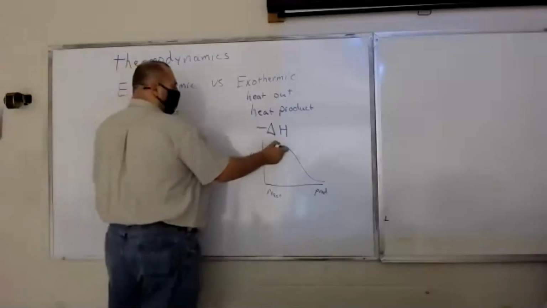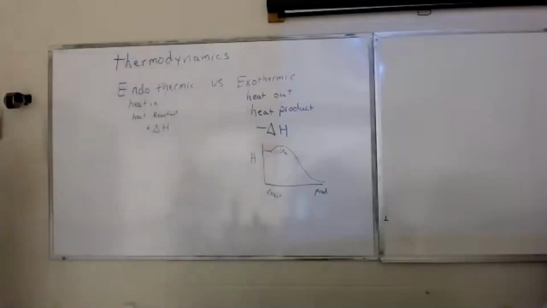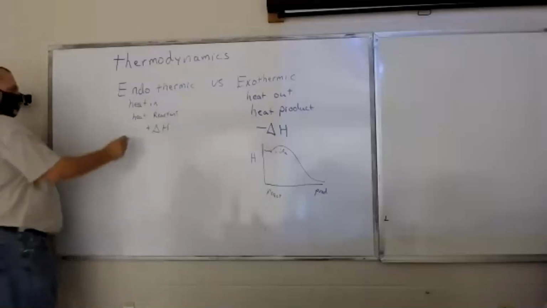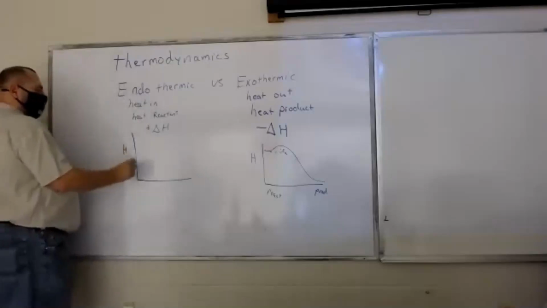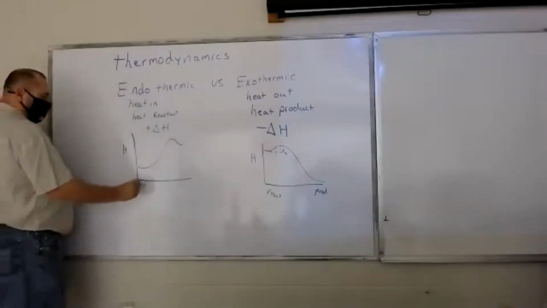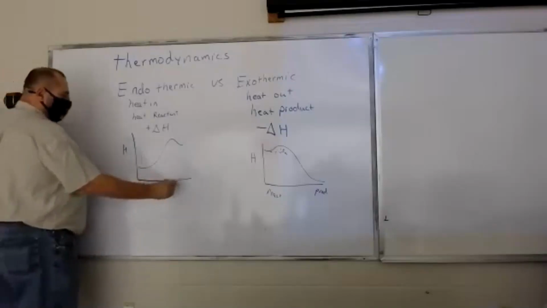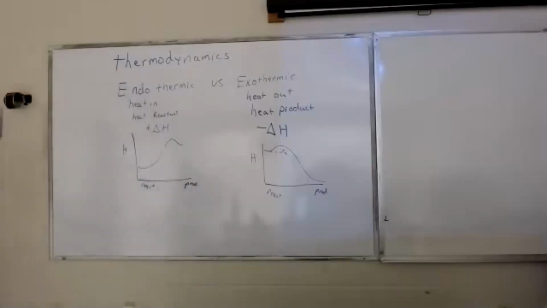We talked in terms of energy of activation. That would be this area there. So I could add a catalyst and lower that down. If I'm looking on this side then, it looks like this, where the reactants and the products have a higher enthalpy.